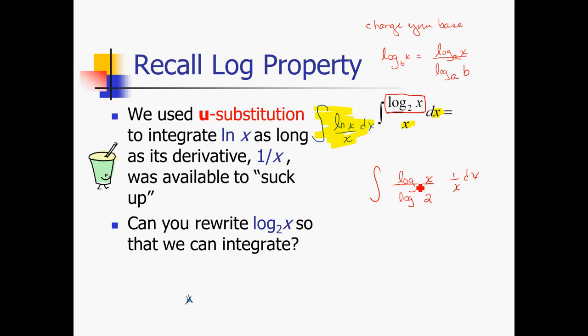Given the warm-up, I'm going to go to base what? And of course we don't write log base e, we write ln x, and I'm going to do this, times 1 over ln 2 times 1 over x dx.